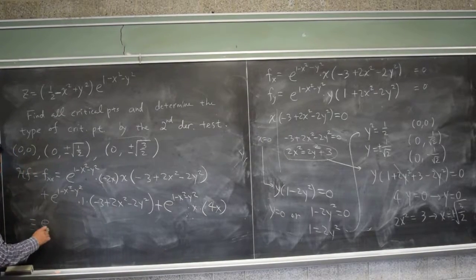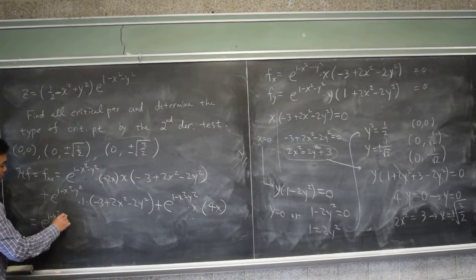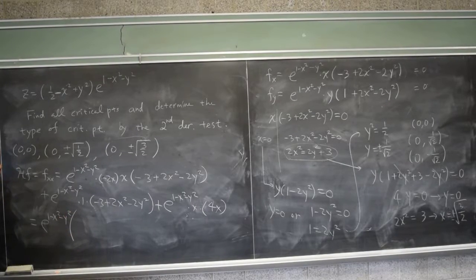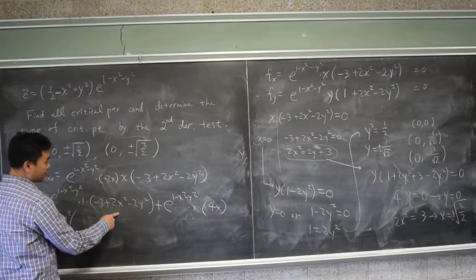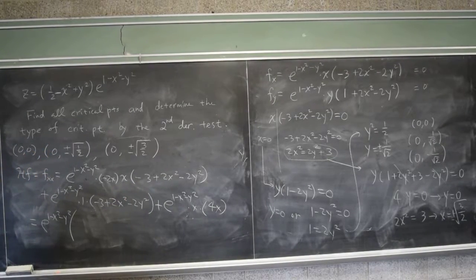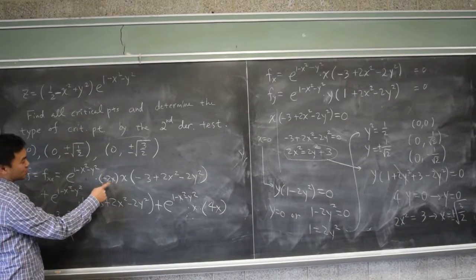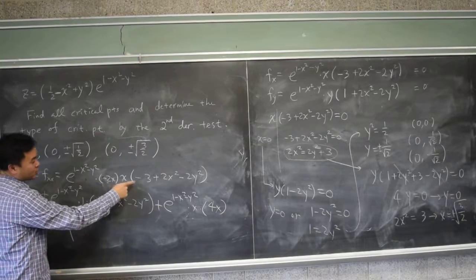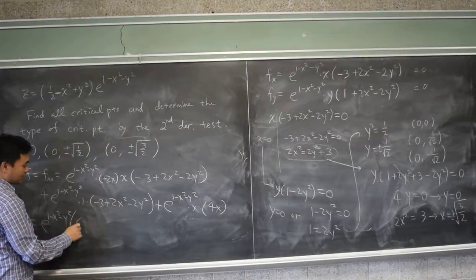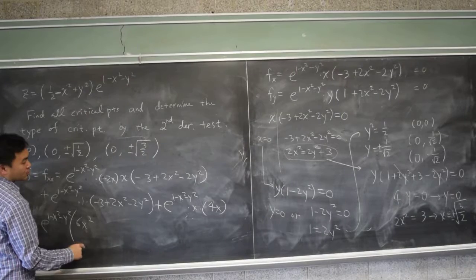Let's simplify. It's e to the 1 minus x squared minus y squared. And then, let's see, these are the same, aren't they? I guess it's better just to multiply everything out. I should have just multiplied it out before differentiating. Negative 2x squared times negative 3, so that's 6x squared.